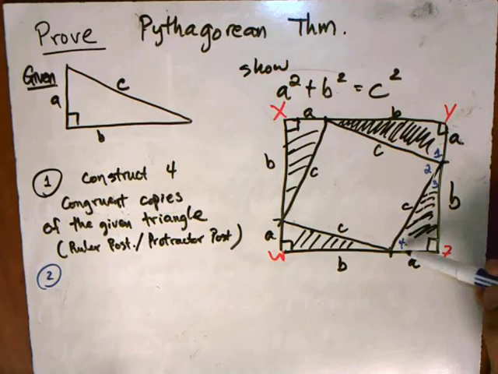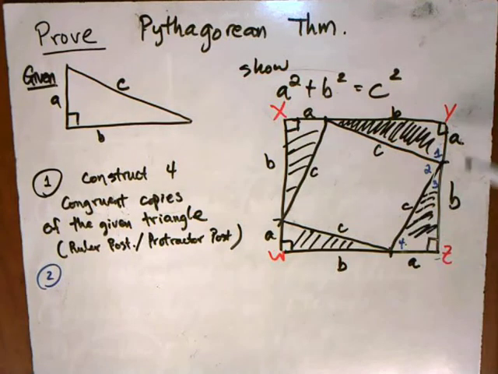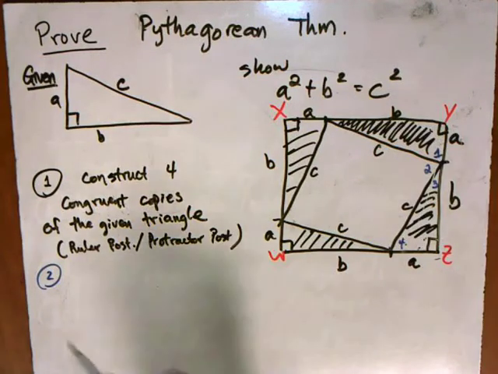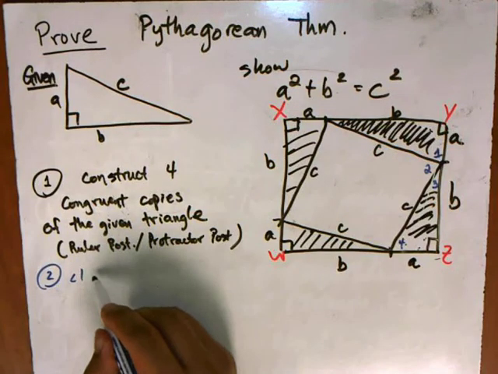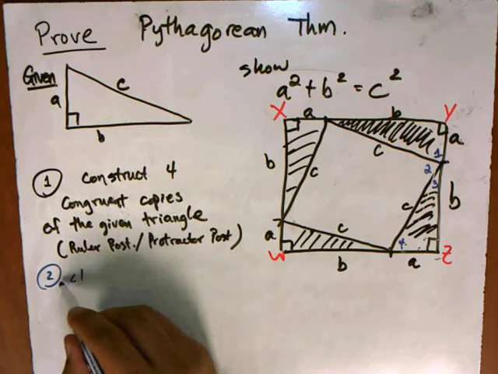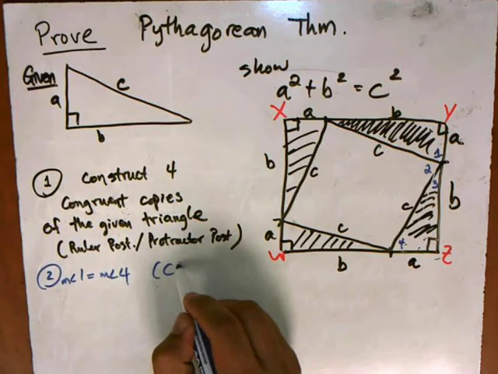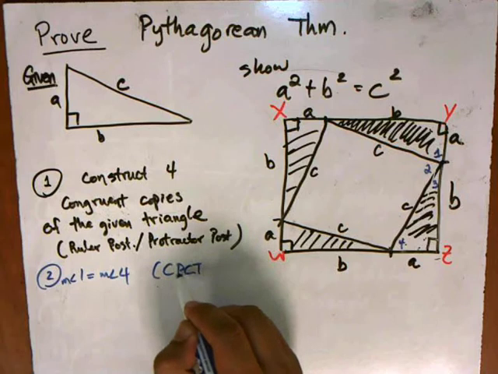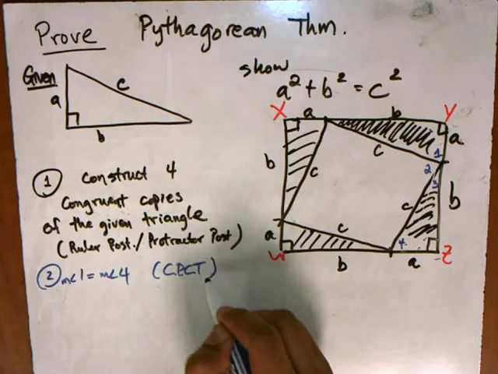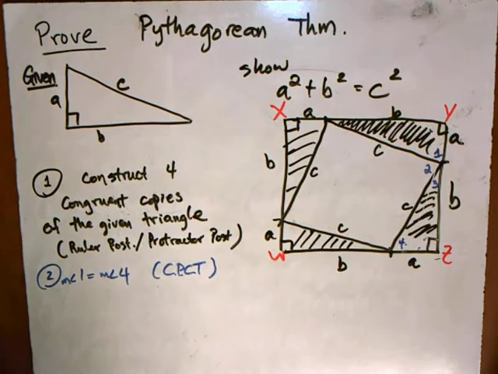Really it's CPCTC: this triangle up here and this tall triangle here are the same triangle, since we made four exact copies. So the measure of angle 1 is equal to the measure of angle 4, and this is corresponding parts of congruent triangles.